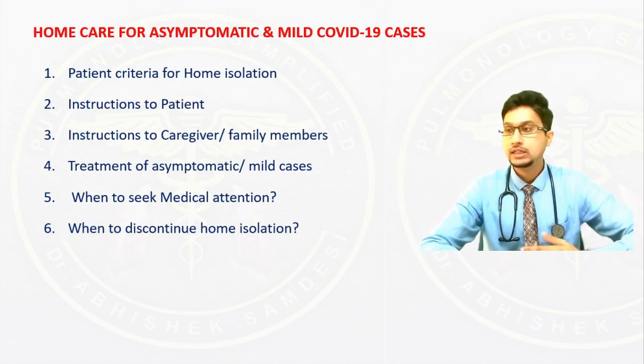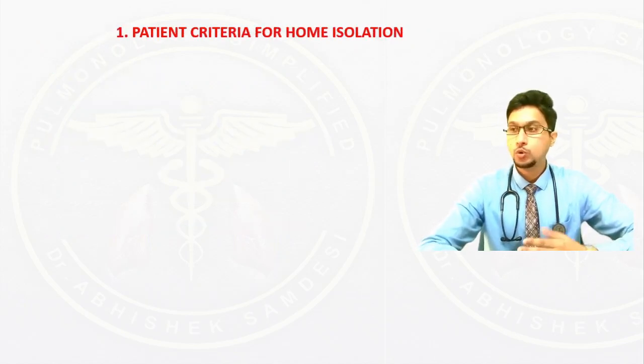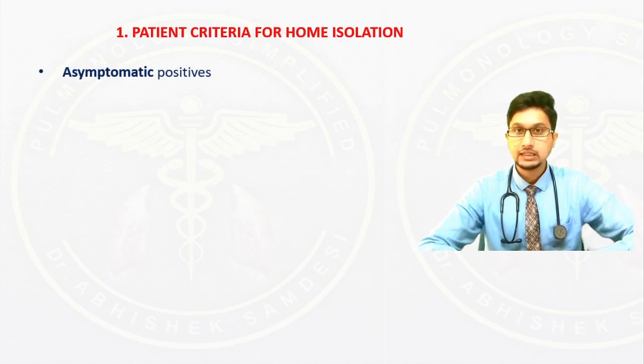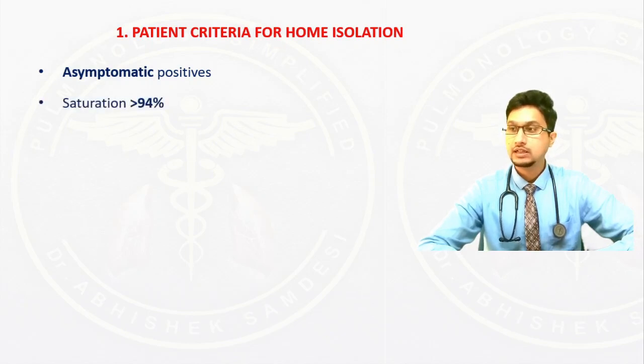Let's begin with the patient criteria for home isolation. What type of patients are to be isolated at home? They are the asymptomatic positives. They do not have any symptoms and they have turned COVID positive. The other people are the symptomatic or the ones with saturation more than 94%.